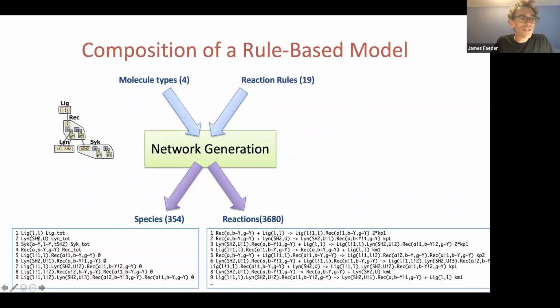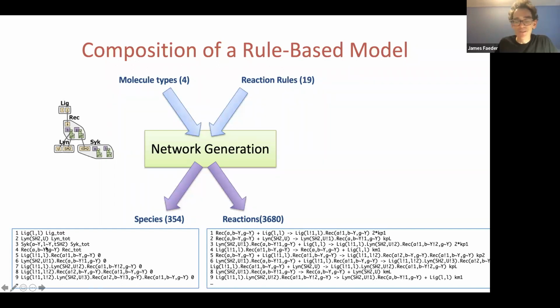So here you can see the 4 molecule types that are used as the seed. These are the only things that have initially non-zero concentration when we set up the model, at least to equilibrate: the ligand, Lin, SYK, and receptor, and all of those are in what I like to call their ground state, so they're unbound and typically unphosphorylated.